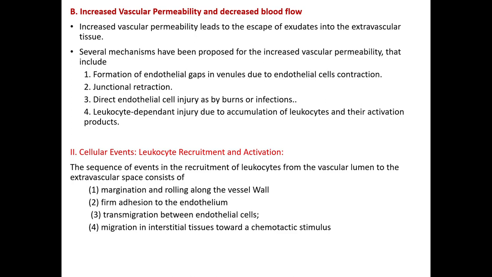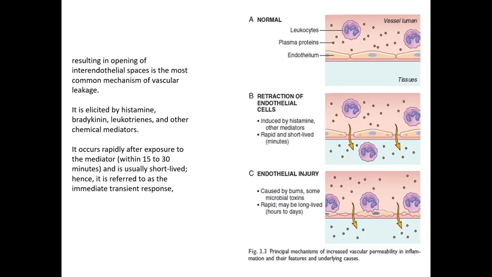We have the cellular event, which is leukocyte recruitment and activation. The sequence of events in the recruitment of leukocytes from the vascular lumen to the extravascular space consists of: number 1, margination and rolling along the vessel wall; number 2, firm adhesion to the endothelium; number 3, transmigration between the endothelial cells; number 4, migration in the interstitial tissue toward the chemotactic stimulus.